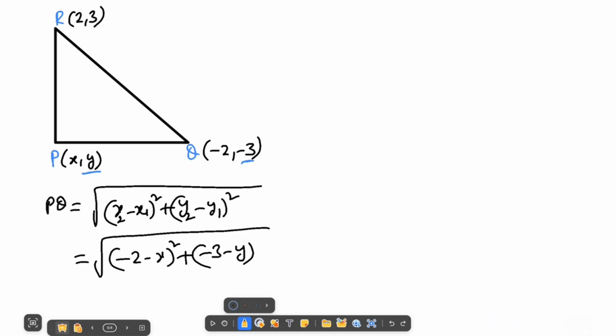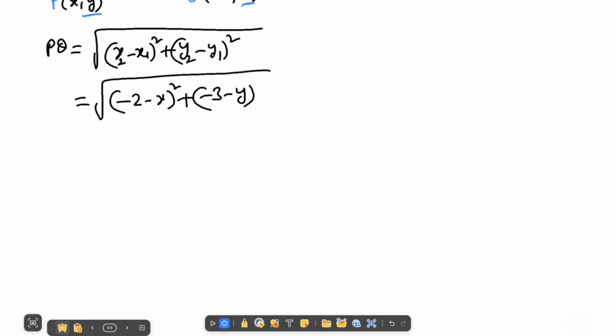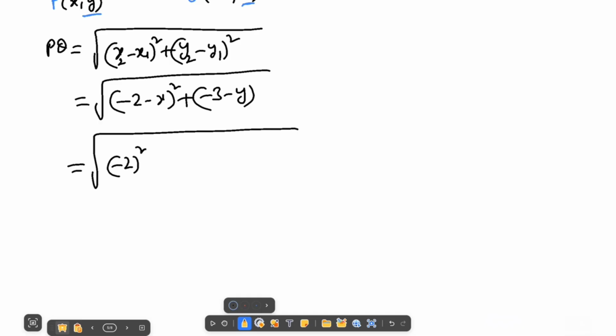Next. So what do we get here? Let's expand with a minus b whole square formula. So minus 2 whole square, a square plus b square plus x square minus 2ab, where a is minus 2 and b is x.